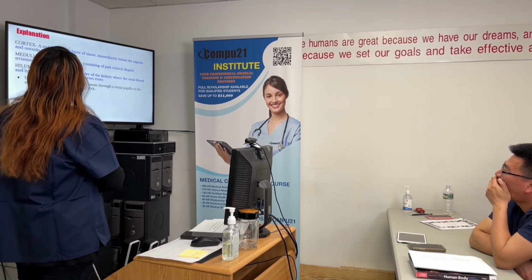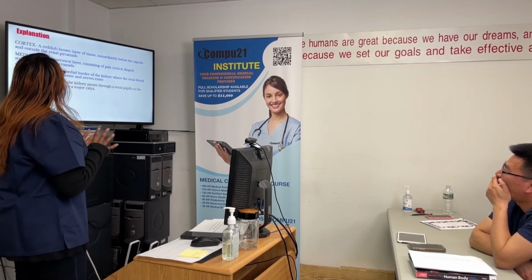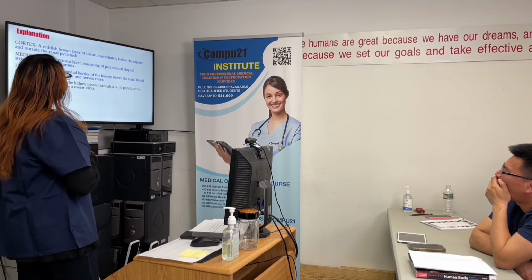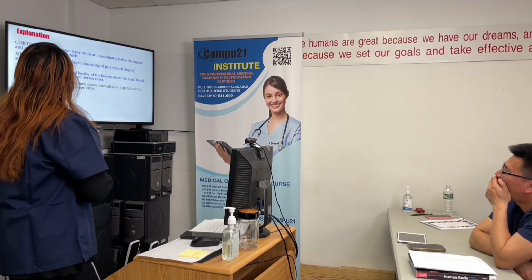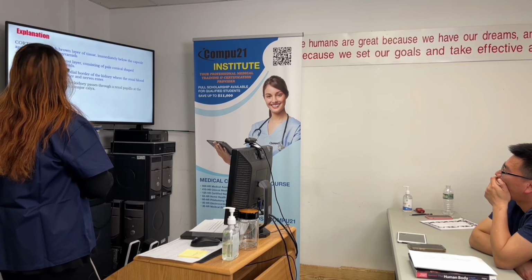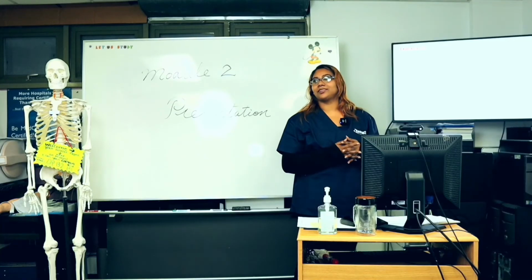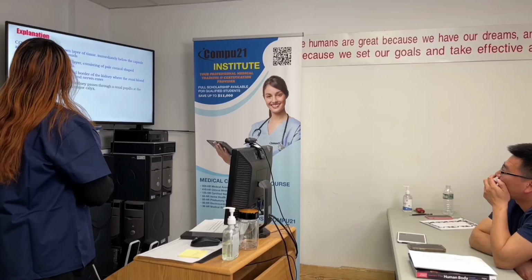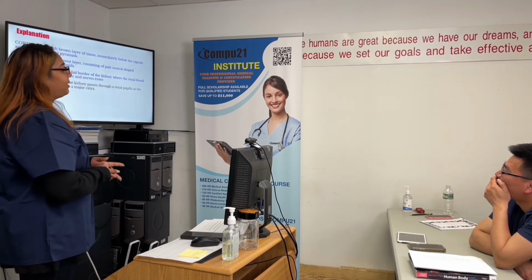The cortex is a reddish-brown layer of tissue immediately below the capsule and outside the renal pyramids.